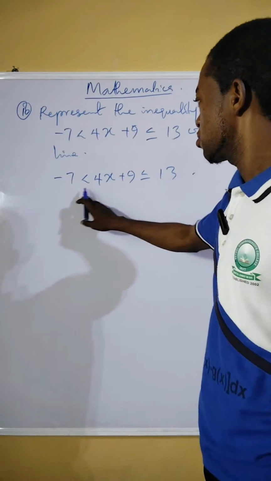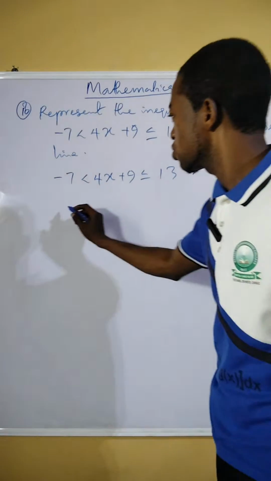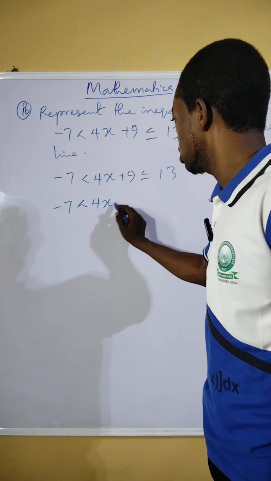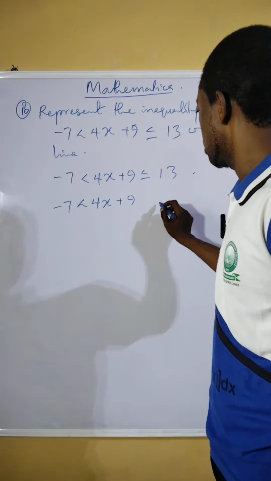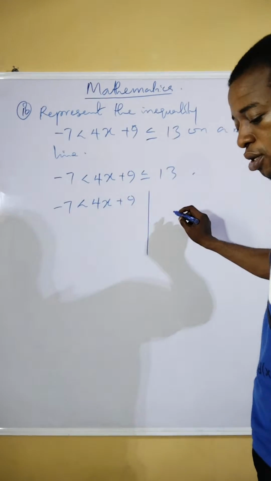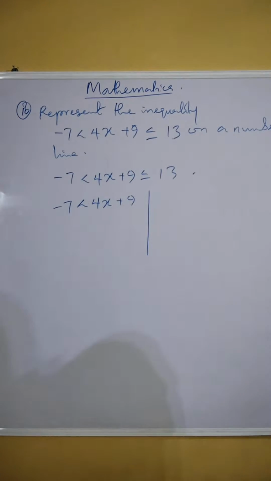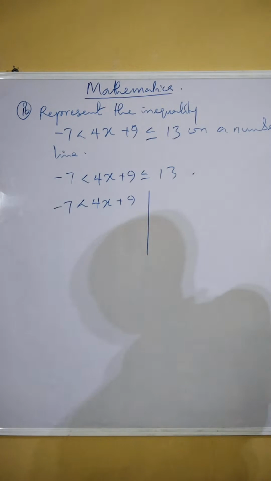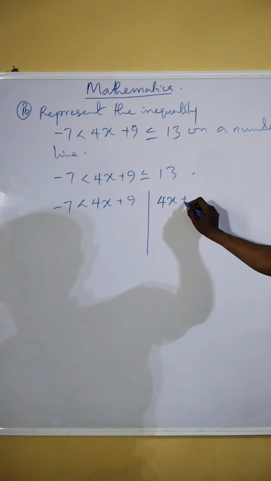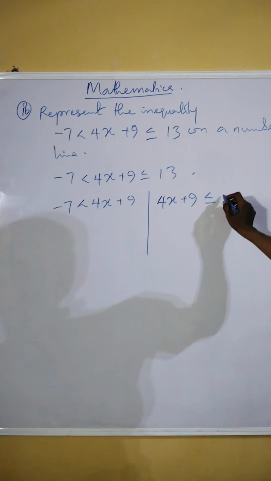Here, let's break this into 2. In the first we have -7 less than 4x plus 9. And also we have the second one: 4x plus 9 less than or equal to 13.